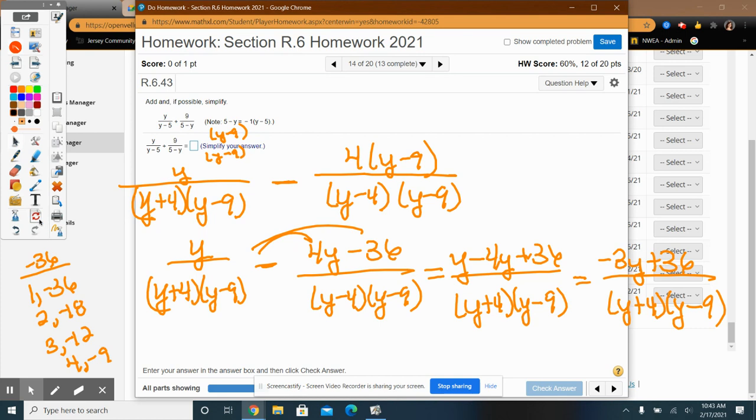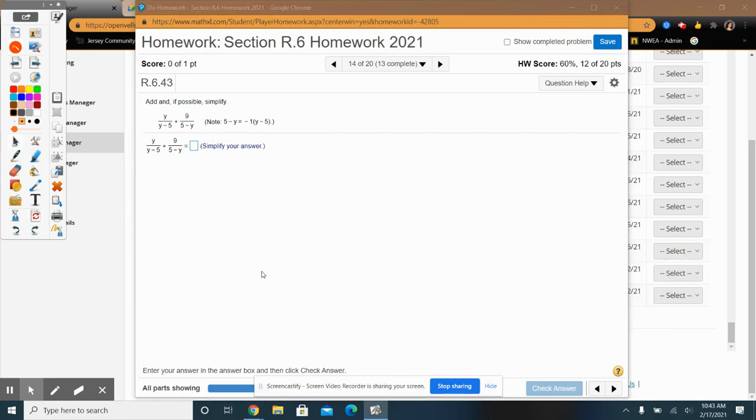All right, so on this one, this is similar to what we were just talking about a minute ago. It's one of the easier problems once you know the rule. You have to have a common denominator, and you don't. So the rule is you couldn't simplify them without changing it to a negative 1.